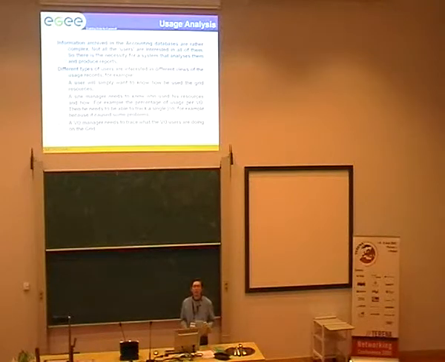A common user, the one who submits a job, simply needs to know how he used the grid for his job. So he doesn't care about more things. But, for example, a site manager needs to know who used his resource, how, and eventually track a single job, because, for example, it caused some problem to his system.